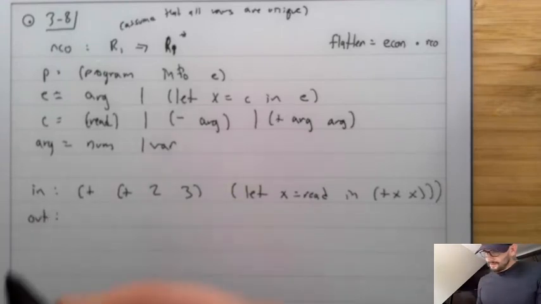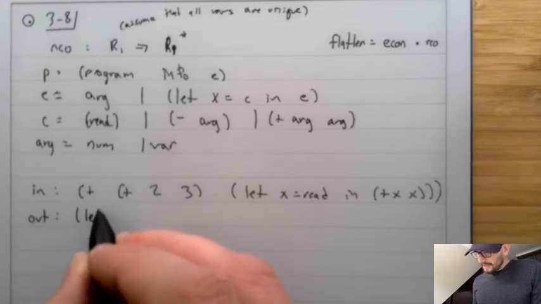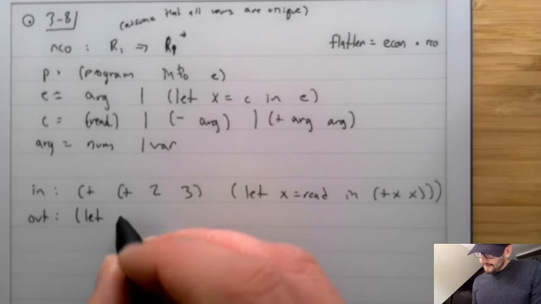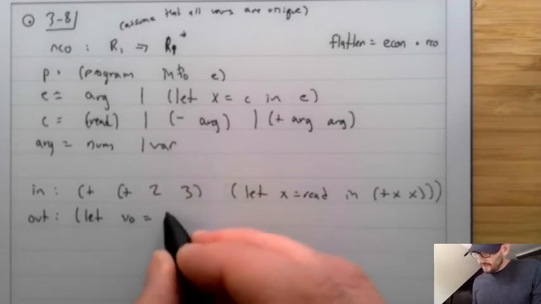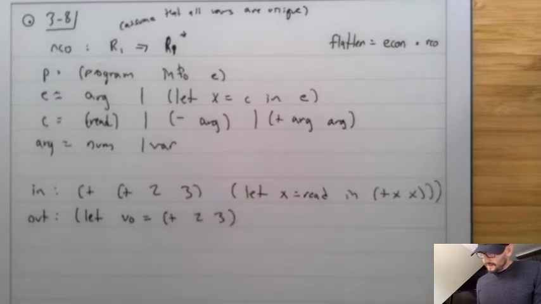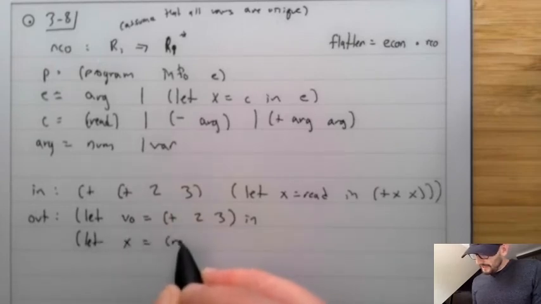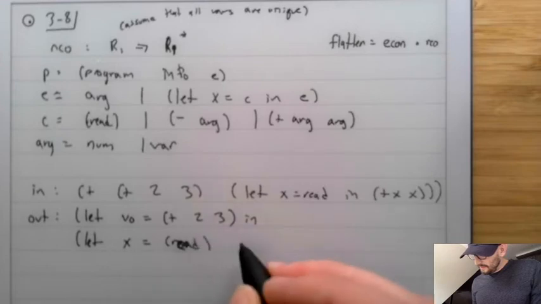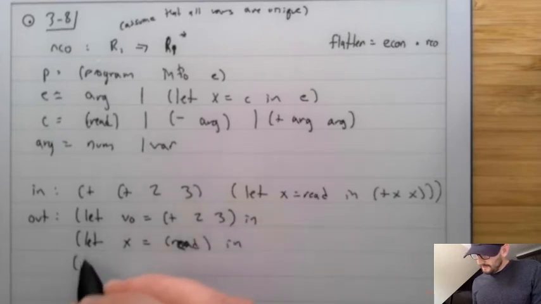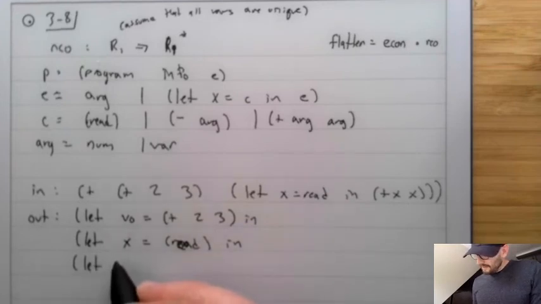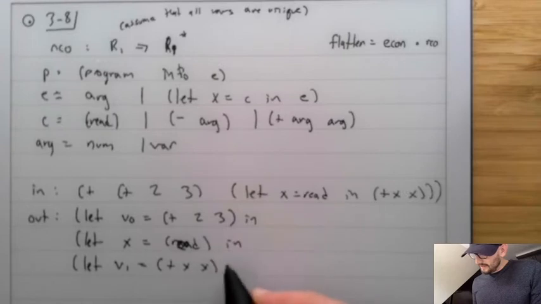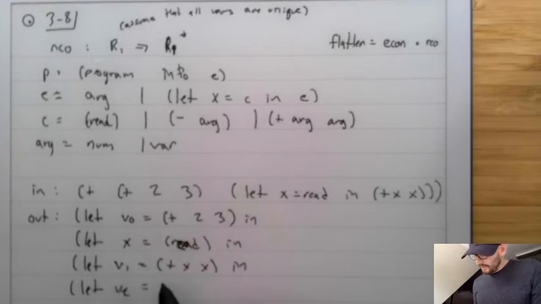It's going to say let v0 equal plus 2, 3 in let x equals read in let v1 equals x plus x in let v2 equal v0 plus v1 in v2.